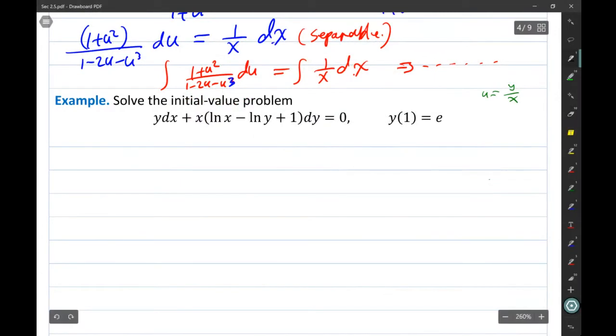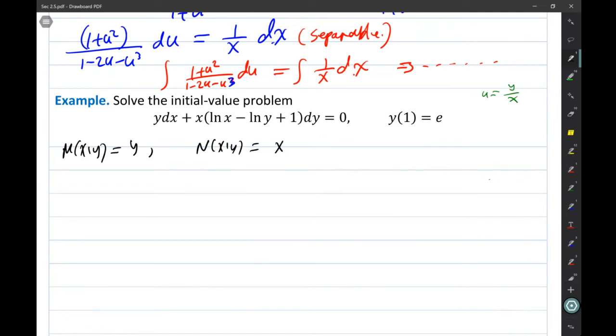The next example says: y times dx plus x times (ln x minus ln y plus 1) times dy. First of all, M of x,y is y, while N of x,y is equal to x times (ln x minus ln y plus 1), which is ln of x divided by y plus 1.